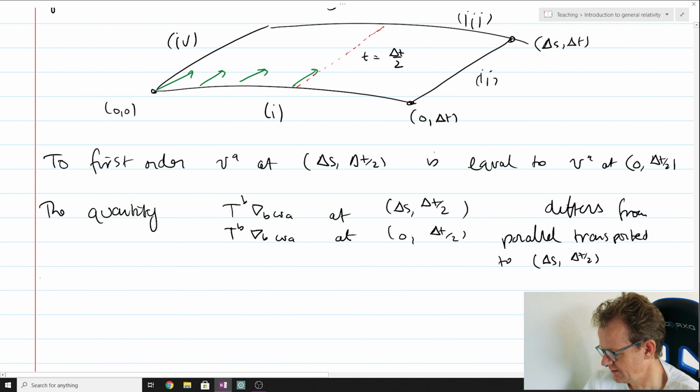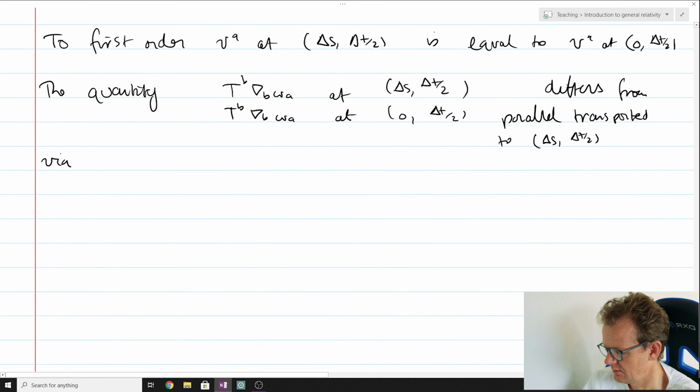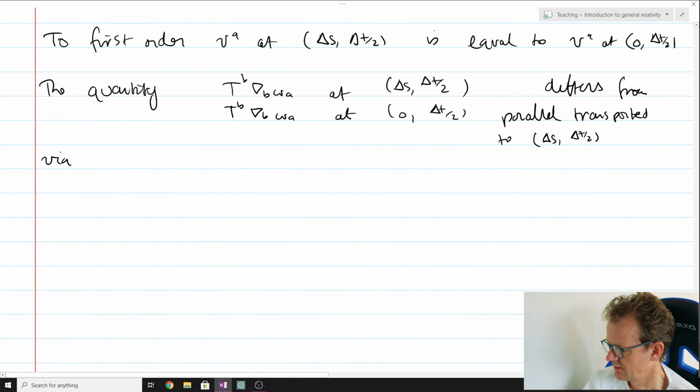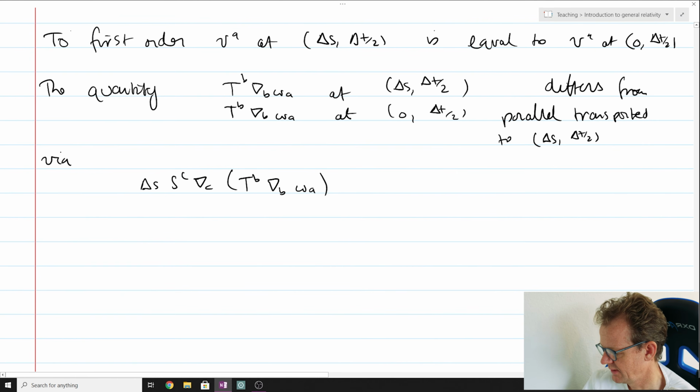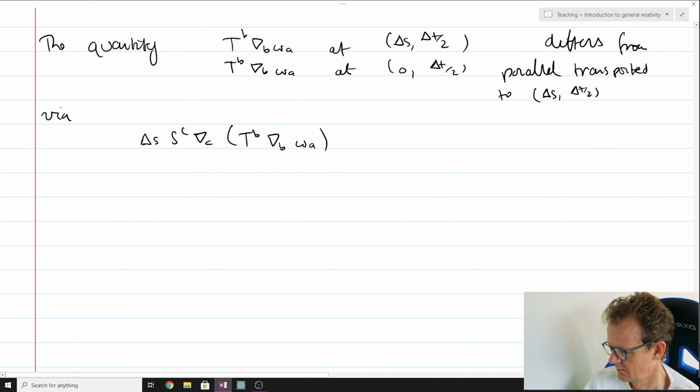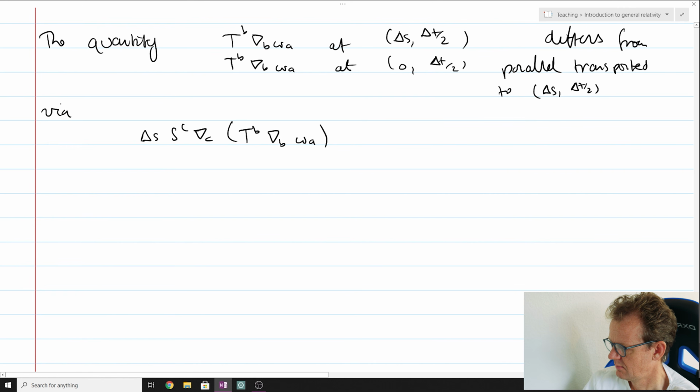And how does it differ? Well, just go back to your defining properties of parallel transport and work out that to first order, the parallel transport of a dual vector is given by the formula, by integrating the equation of motion for the parallel transport of a dual vector.